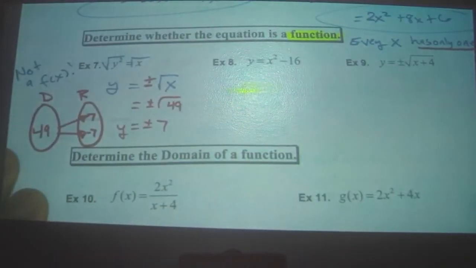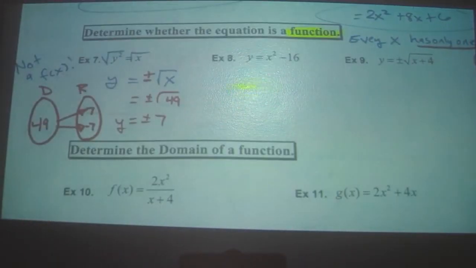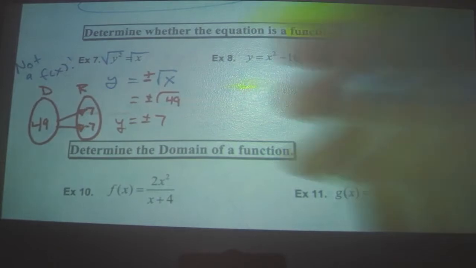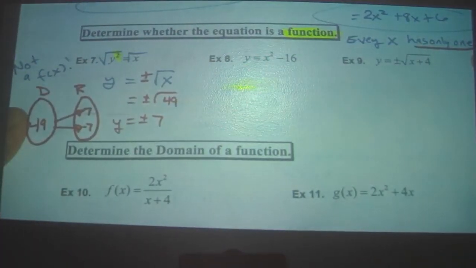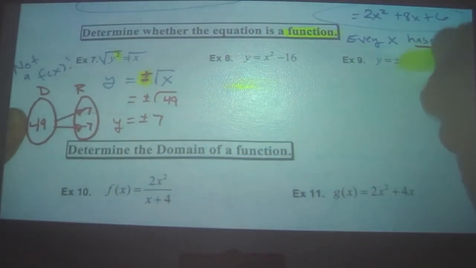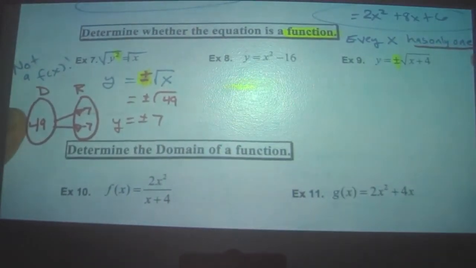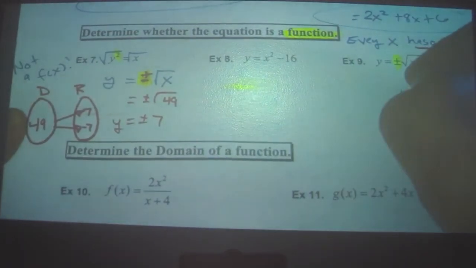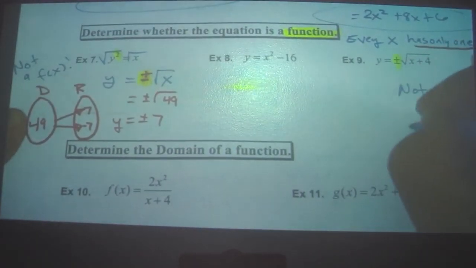Now, the telltale sign right away, if you don't want to do all that work, totally fine. If you ever see a y squared, that means you're going to have 2 y's. Or if I see y equals plus or minus a square root, like I see on example 9, then I know right away, not a function.